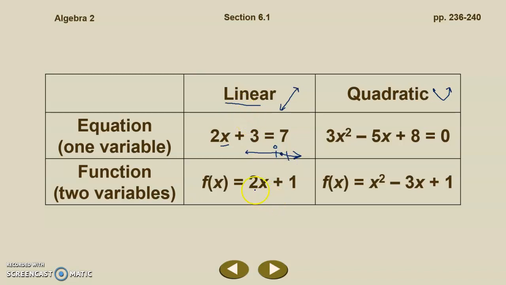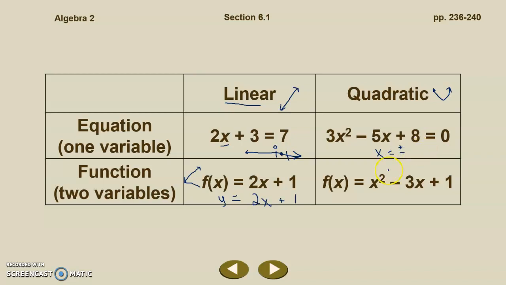A linear function has f of x equals whatever. We can replace this with y equals 2x plus 1. A linear function has 2 variables and it graphs a whole line. A quadratic equation with one variable gives us 2 solutions, x equals plus or minus whatever your number is.